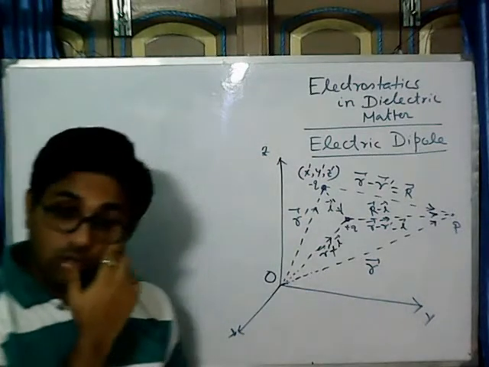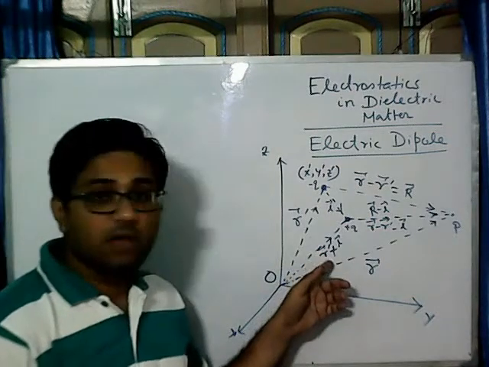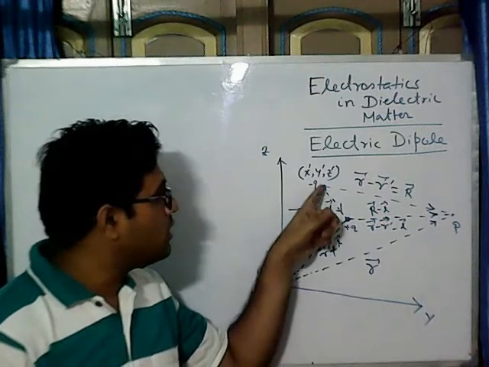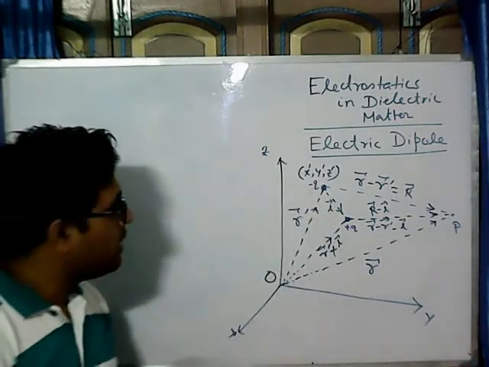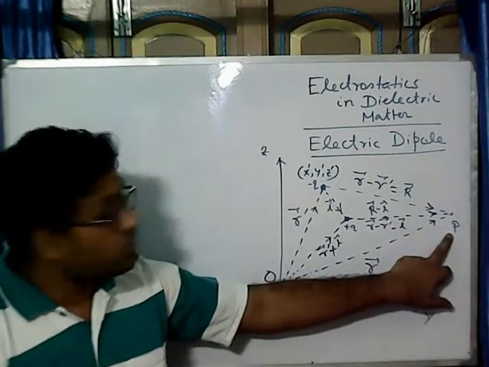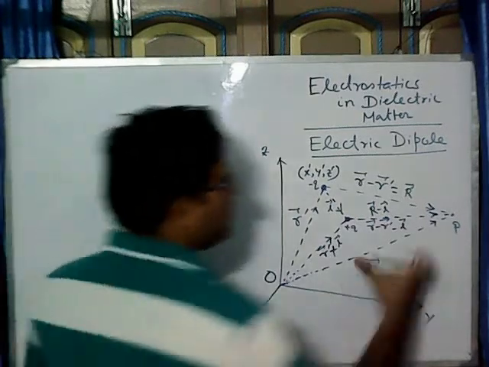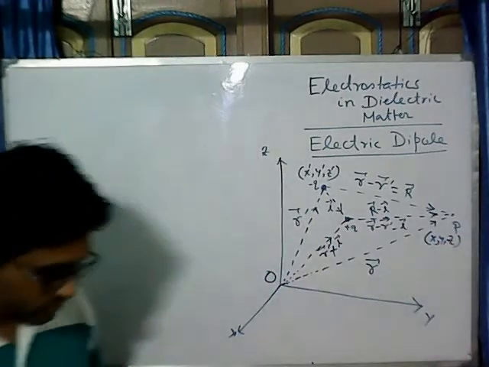In spherical coordinates, we write r prime. So here it will be r prime plus L, because the direction of the dipole moment is from minus q to plus q and the length is L, and the position where we want to find the potential has coordinate x, y, z.